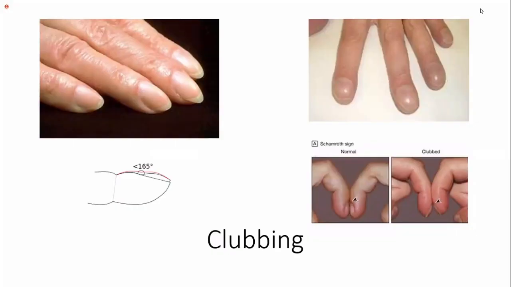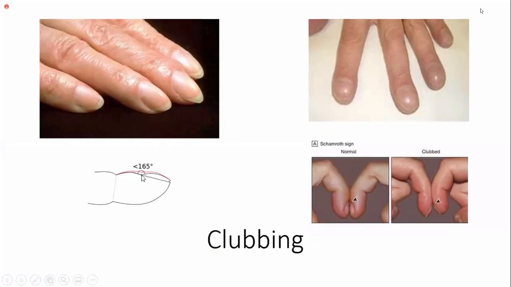So this is what I call clubbing, right? Important physical sign called clubbing. You can have this in hands, fingers and toes. In normal fingers, look at your fingers, at the distal phalanx.